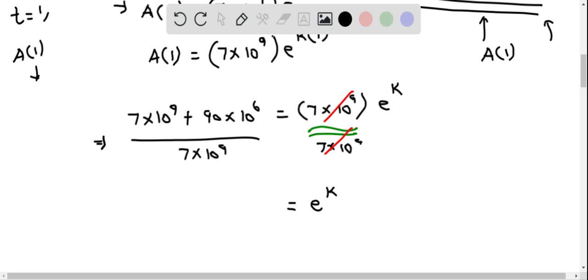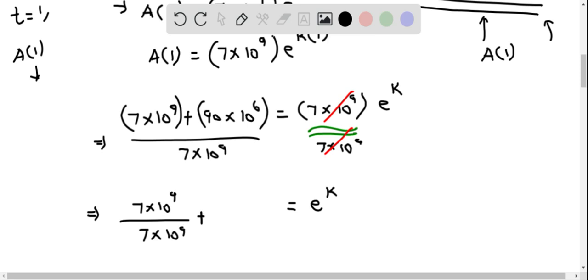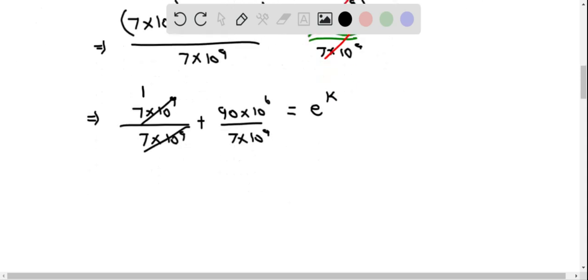And in fact, this expression can be rewritten by splitting the fraction into two parts: 7 times 10 power 9 divided by 7 times 10 power 9, plus 90 times 10 power 6 divided by 7 times 10 power 9. So the first two cancel out, giving 1. So basically this is equal to 1 plus 90 times 10 power 6 divided by 7 times 10 power 9.